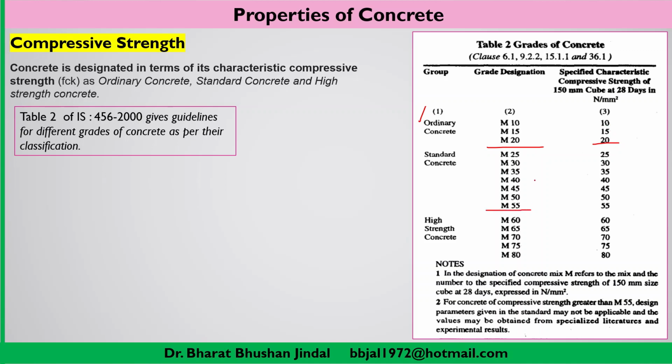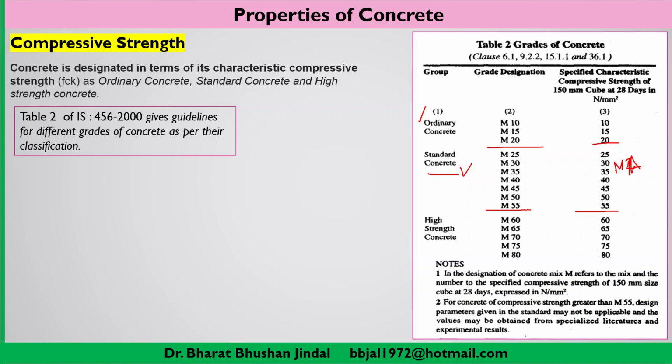Now after that, from M25 to M55, all these grades are termed as standard concrete, and correspondingly they have their compressive strength, which is known as characteristic compressive strength, in MPa, that is megapascal.